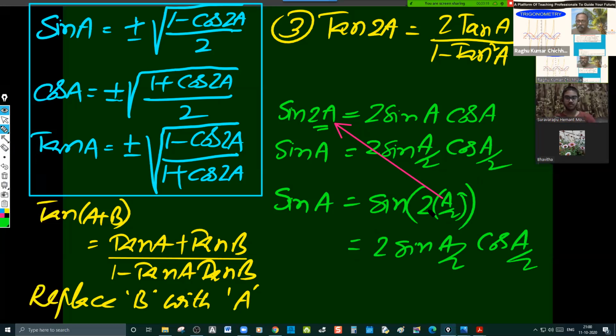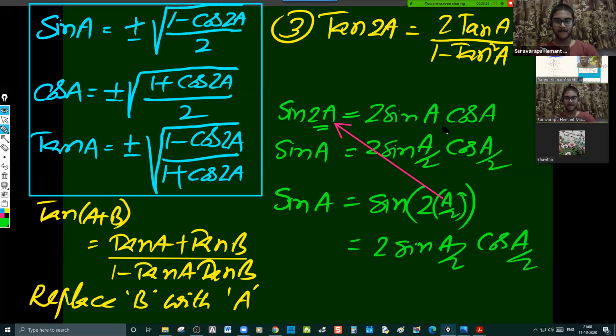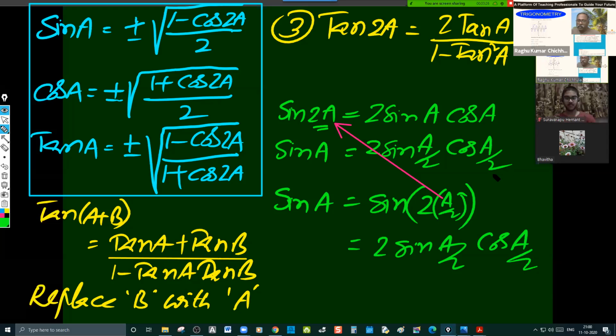I wrote this, but I'm showing you another way. 2A is replaced with A, and thereby A must be replaced with A by 2. If you know multiples, take it as granted that you know submultiples. Simply replace 2A with A and A with A by 2. That's it.